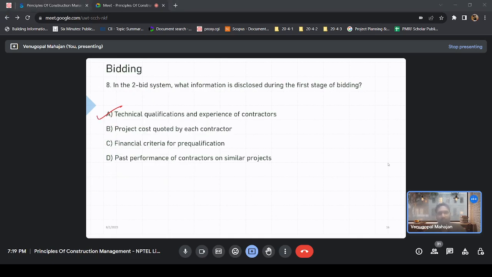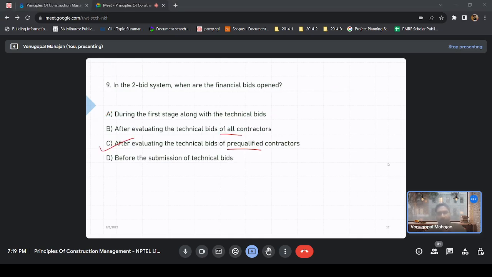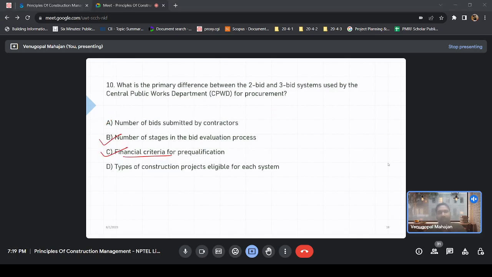Similarly, we talked about the two-bid system. In the two-bid system, the first envelope is the technical qualification, the technical bid, and the second one is the financial bid. Only after you qualify at the first stage is your financial bid opened. Similarly, there is a three-bid system in CPWD where they add a financial criterion as a middle stage.